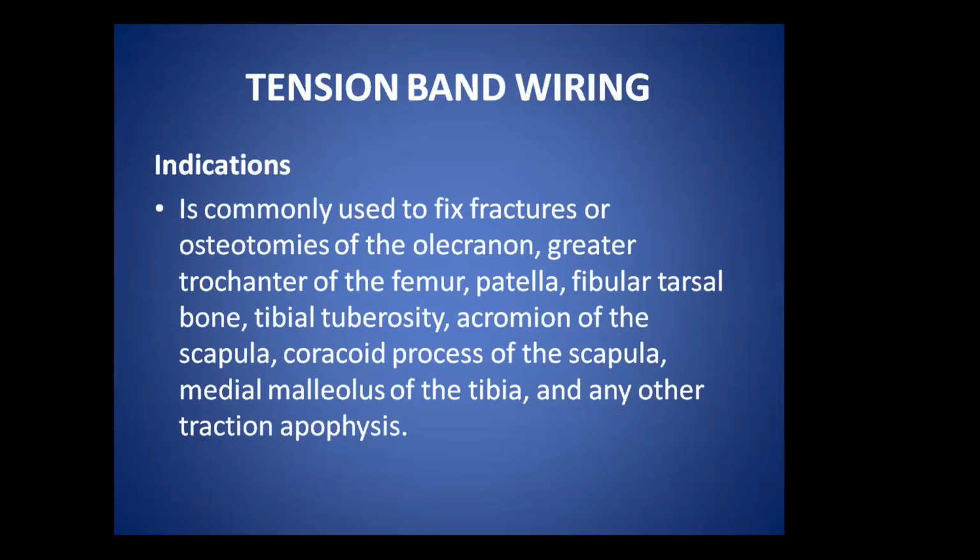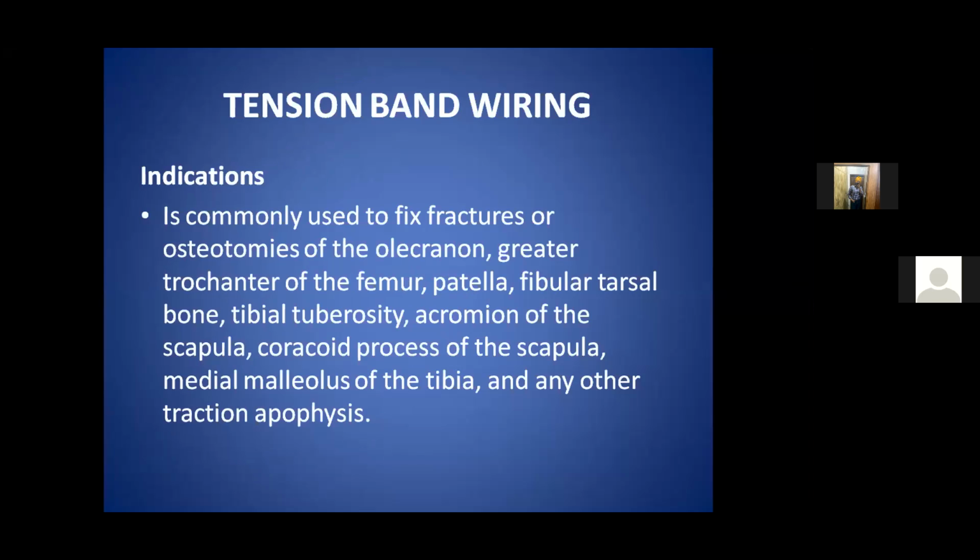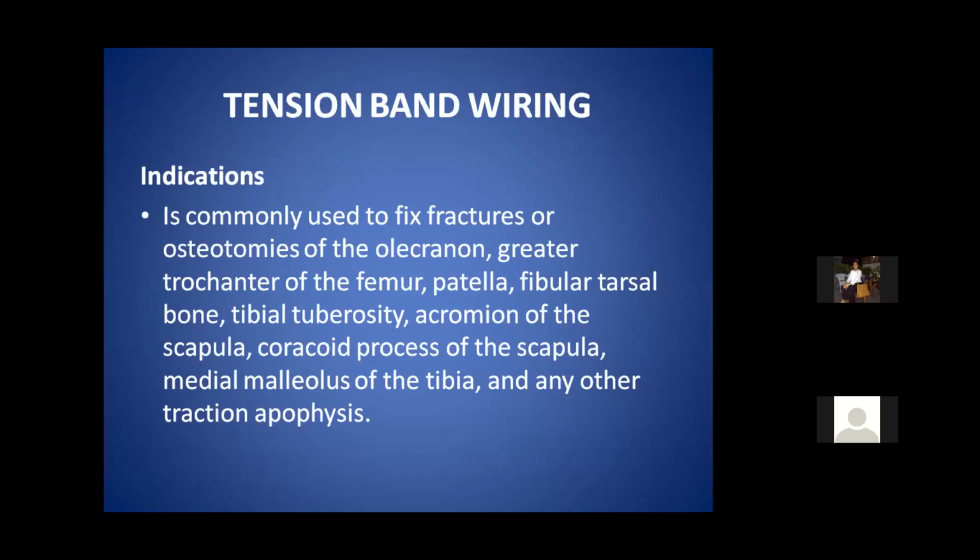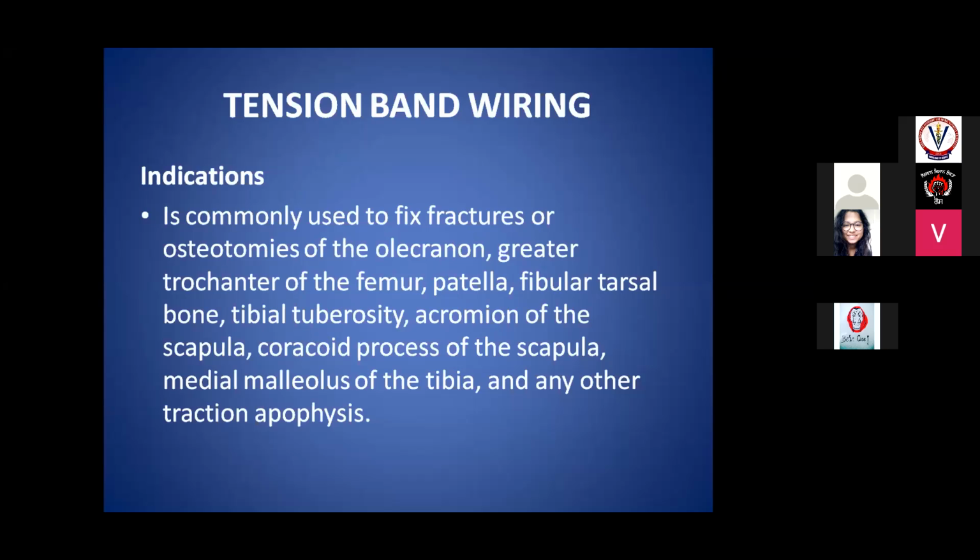Tension forces are those which are seen at the point of insertion of the tendons or ligaments, and I have shown you an X-ray of an avulsion fracture of the olecranon. So tension band wiring is a procedure used specifically for avulsion fractures, like olecranon, greater trochanter, patella, tibial tuberosity, acromion of the scapula, or coracoid of the scapula. So only certain fractures are indicated to be treated with tension band wiring.